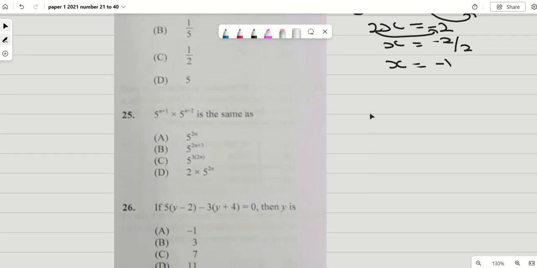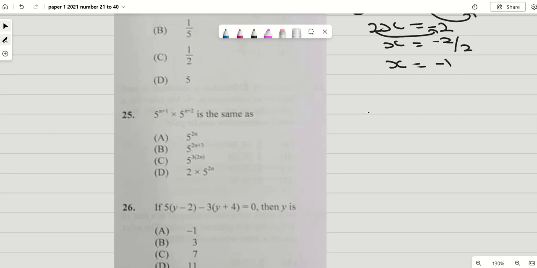This question, 5 to the power n plus 1 multiplied by 5 to the power n plus 2 is the same as saying, now guys, this is where you have to use your laws of indices. There's no helping it. Your laws of indices states that if you're multiplying and your bases are the same, in this case your base is 5, you add the powers.